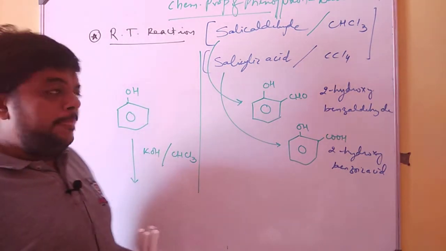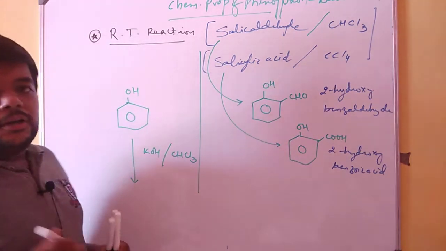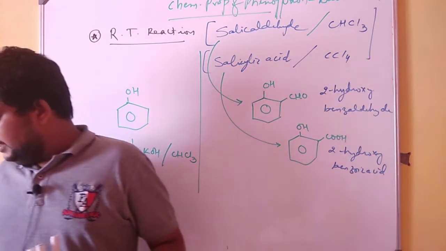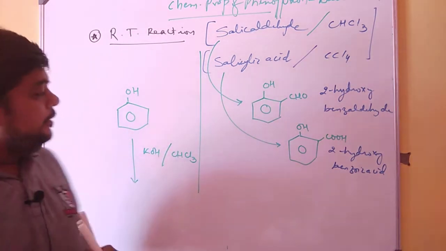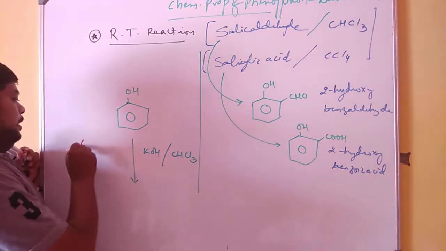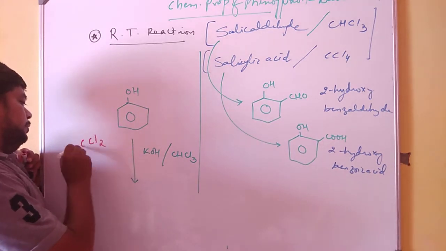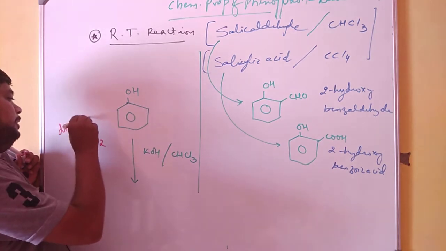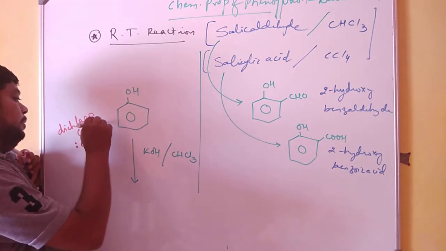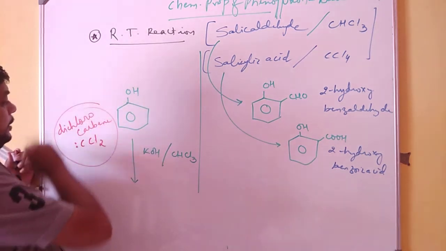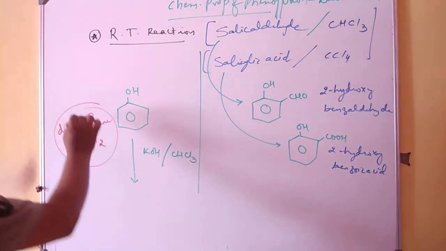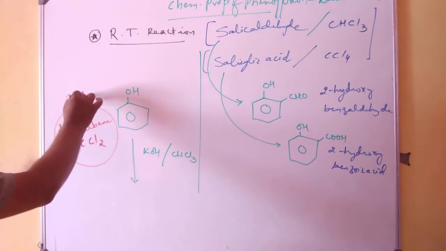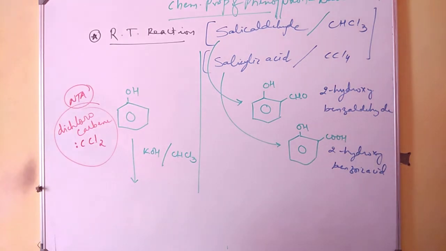Always remember, in this particular reaction, that is Reimer-Tiemann reaction, an intermediate chlorocarbon, or rather to say dichlorocarbon, is formed. This is very important, and this was one of a very popular question 1 or 2 years back in one of the NTA based exams.